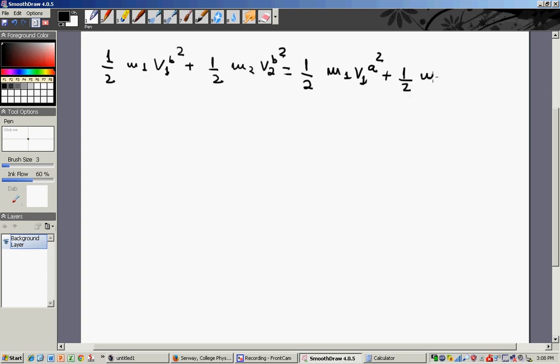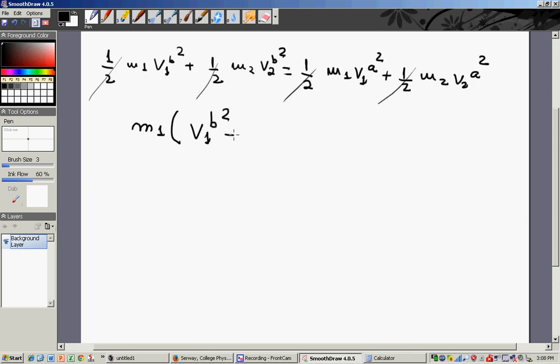So this is true. First you can get rid of the one-half everywhere, and then you can take m1, and do v1 before squared subtracted from v1 after squared.